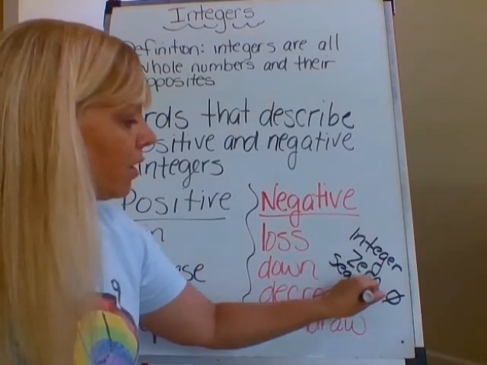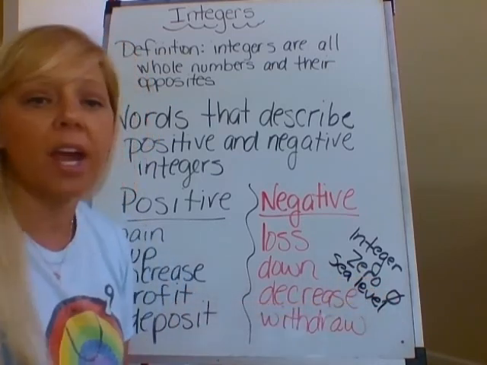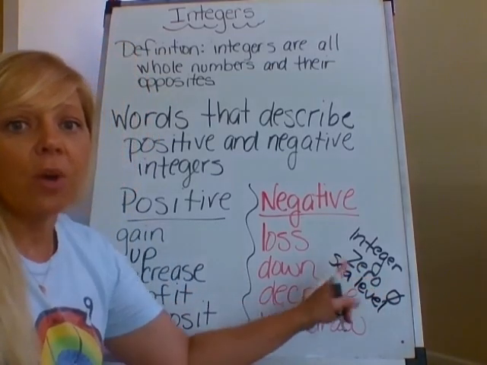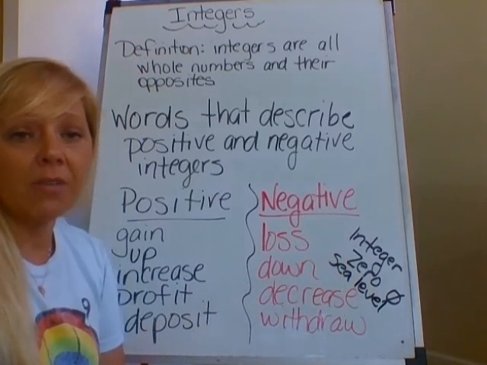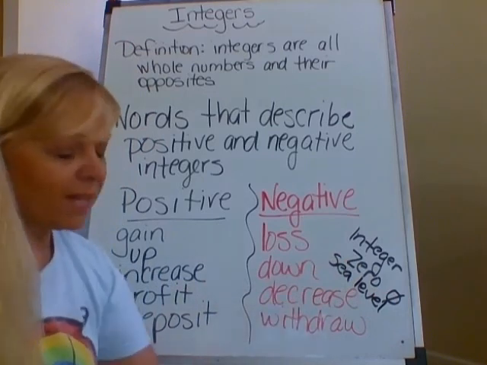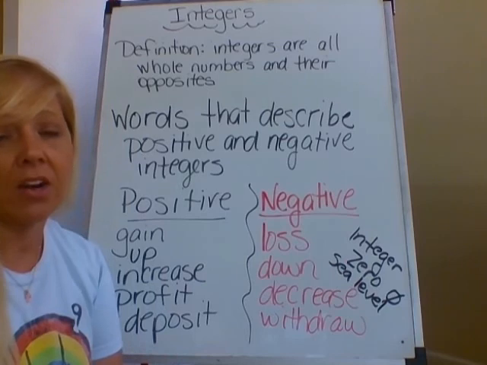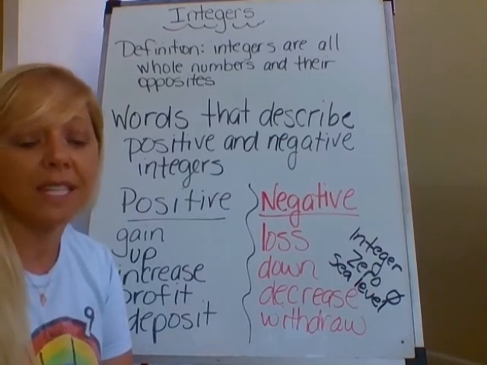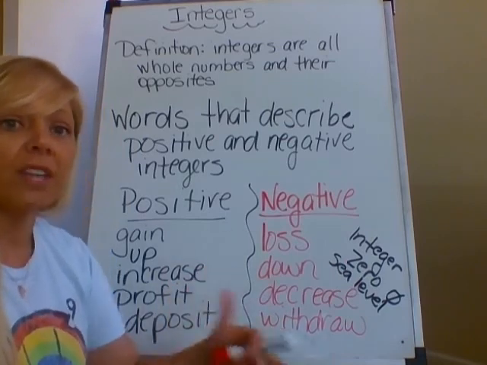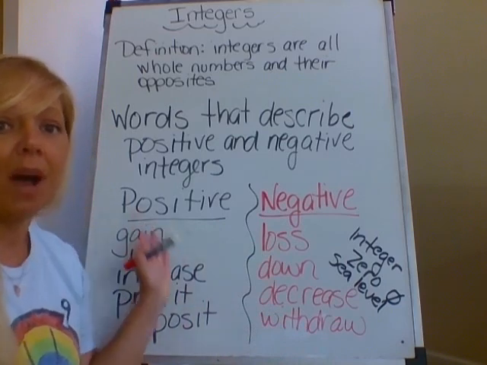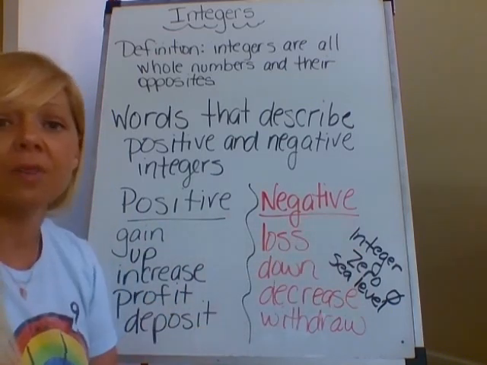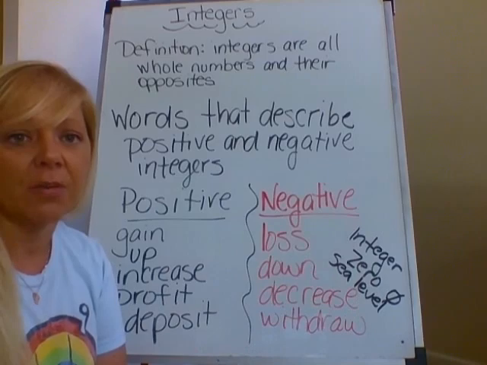We use that word a lot in 6th grade, sea level. So 0 represents sea level. There's no positive or negative, and that is how we determine elevation in our world based off of sea level. So those are just a handful of words that signify positive, negative, and our one phrase that we need to know for integer 0, which is sea level.